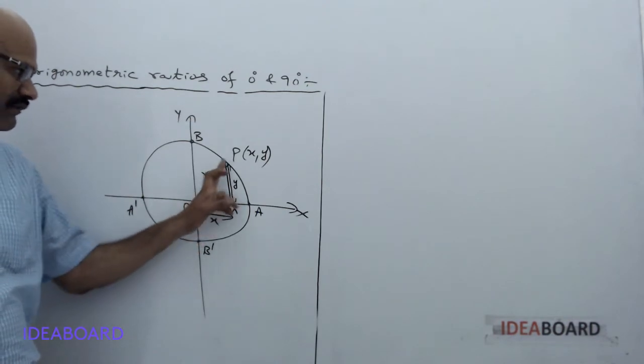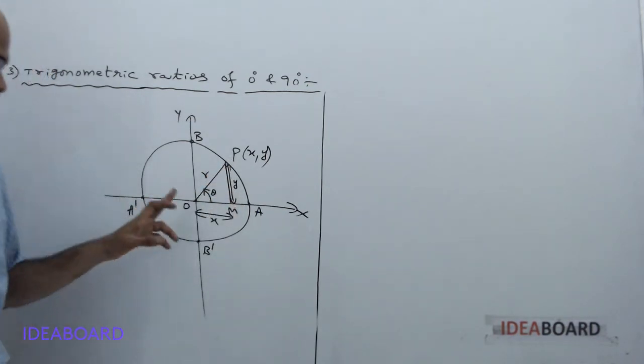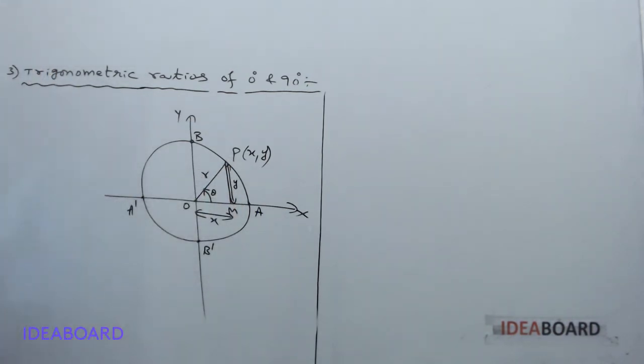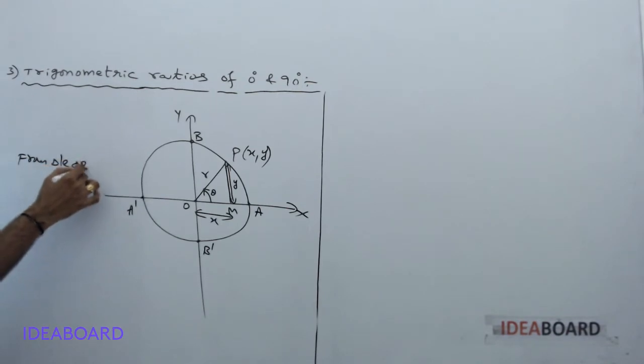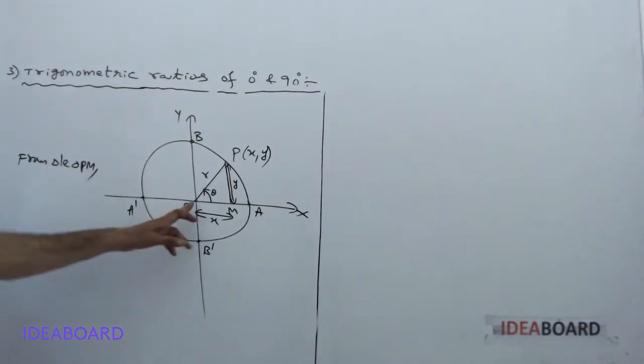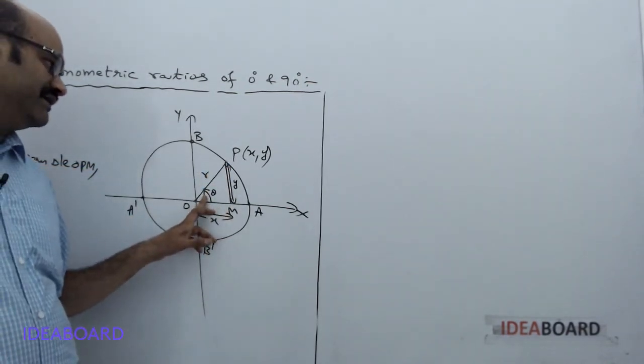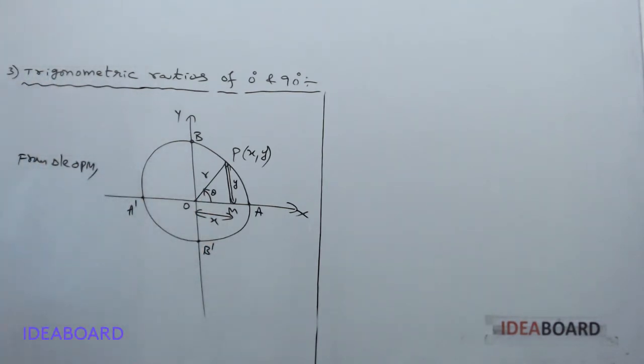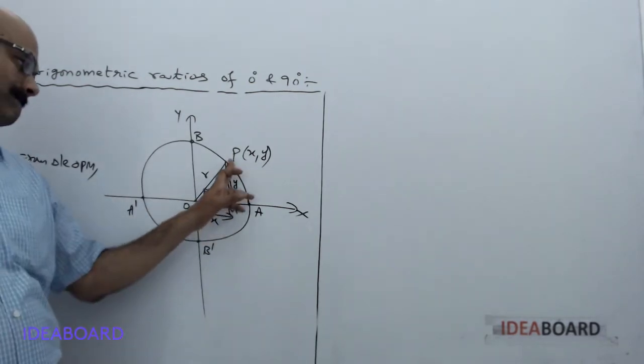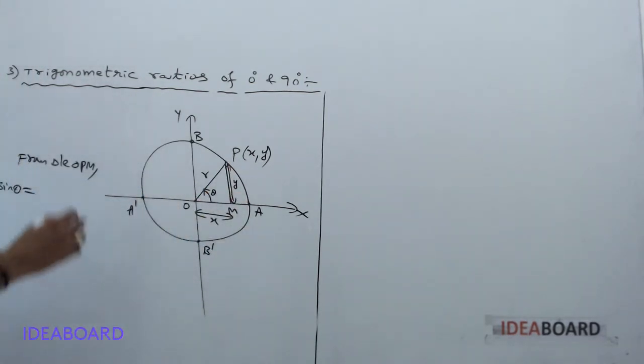Now from triangle OPM, sin theta equals opposite side by hypotenuse, which is PM by OP.